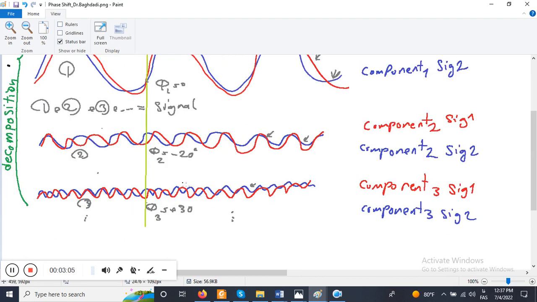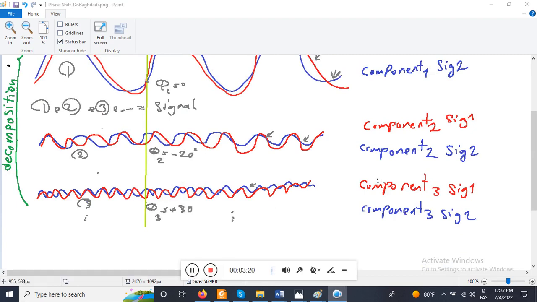So we don't have only one phase difference, but we have the average of phase difference of the components. Therefore, if both phase advance or phase delay occurred within these different components, they neutralize each other by averaging.